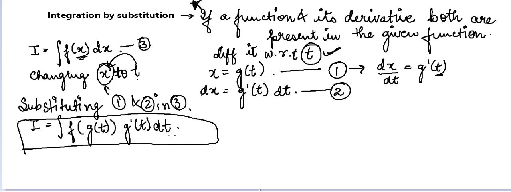To understand this concept, we'll take one example which will give you a basic idea of what the method of substitution is and how you can see from the function itself which method you are going to use, whether substitution, partial fractions or by parts. So let us move forward and understand it using one basic question.